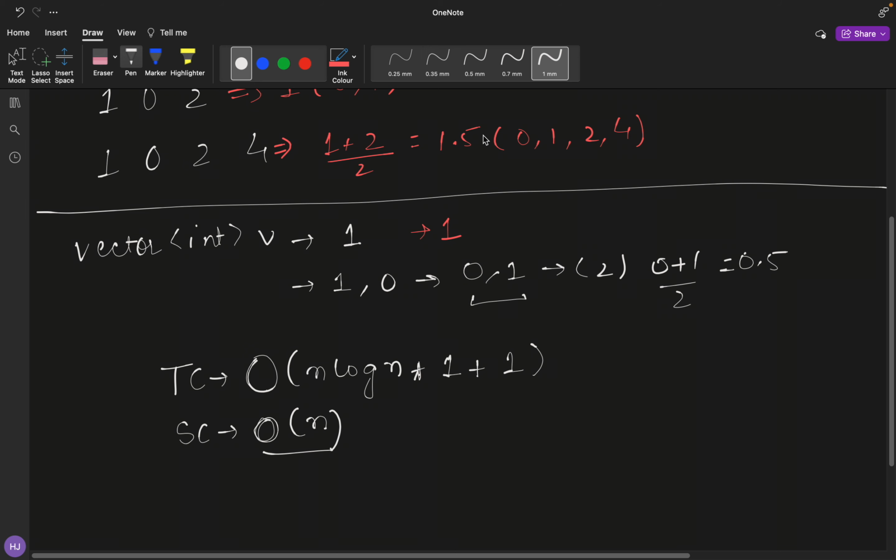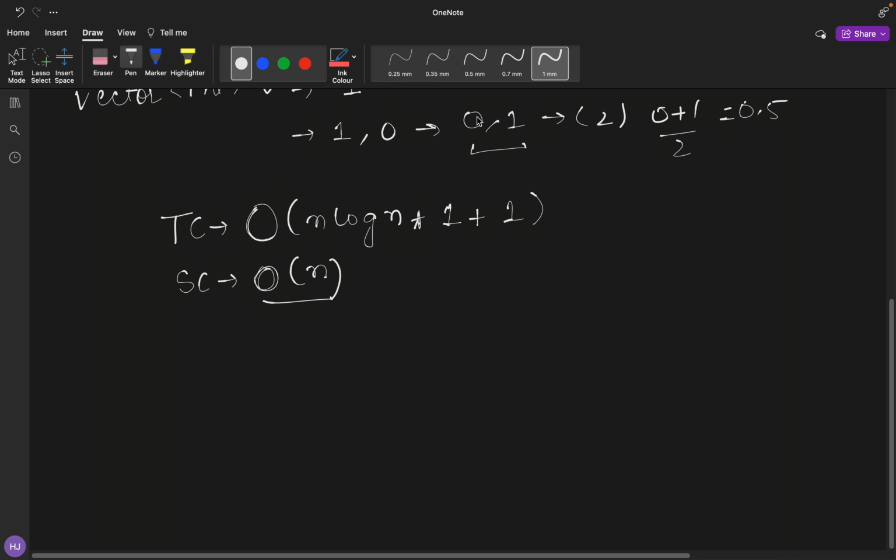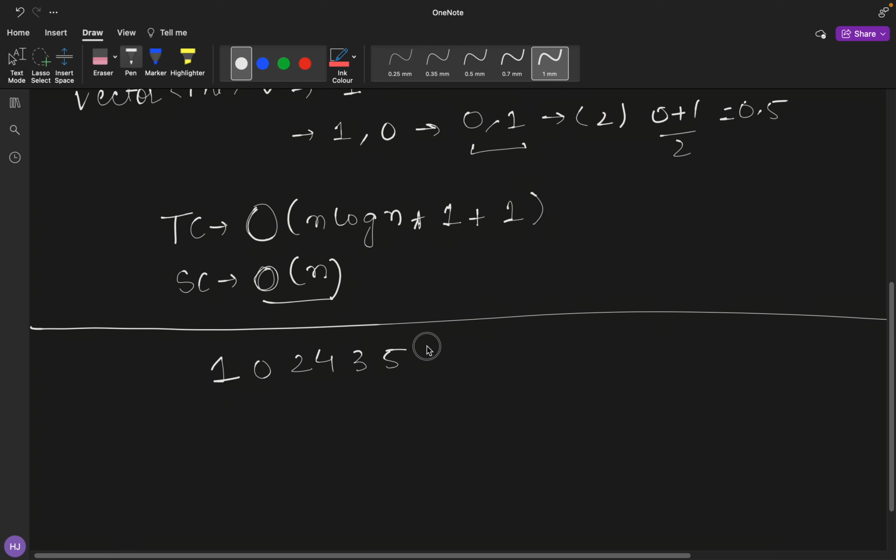So what is n log n? We are basically sorting the array in increasing order, right? So let me just write down one stream of integers: 1, 0, 2, 4, 3, 5 and 6. We are using this n log n to basically sort this stream.